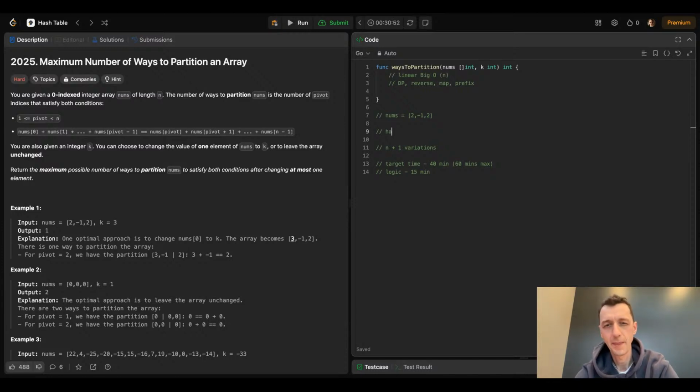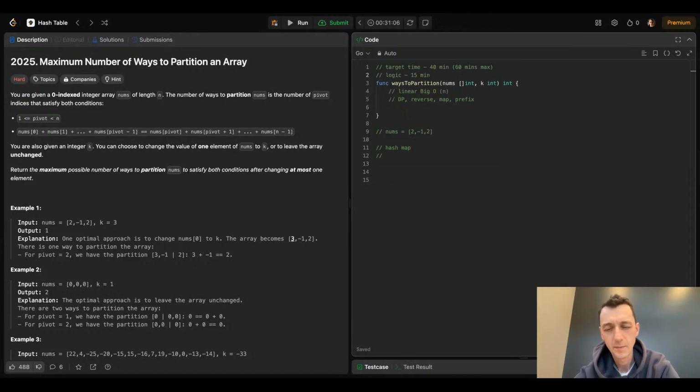Yeah, hash map. We're 30 minutes in looking for a logic solution for that, and it looks like it's probably a good goal for this one, to find the logic.